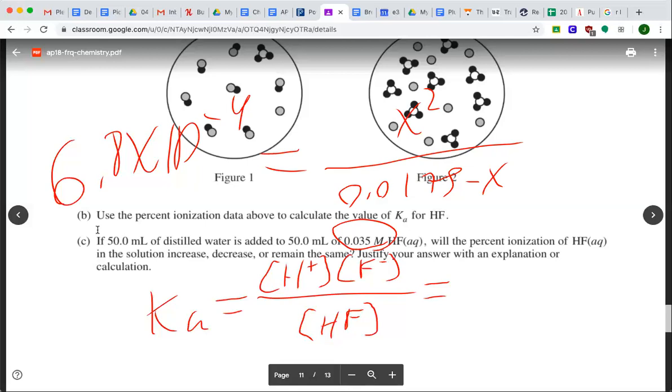When you do that, you'll find that your percent ionization has actually increased. So x divided by this is going to be greater than 13%.